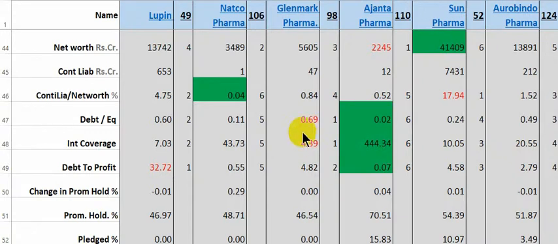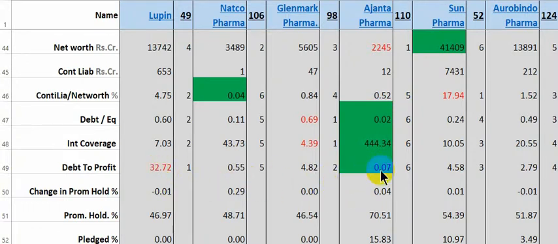Because of higher debt, the coverage correspondingly falls. Ajanta Pharma's debt is minimal, therefore coverage is the highest. In terms of debt to profit also, Ajanta has done the best, with a debt of just 0.07 times its profit of the latest year.